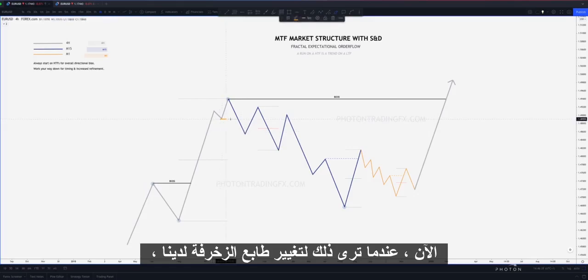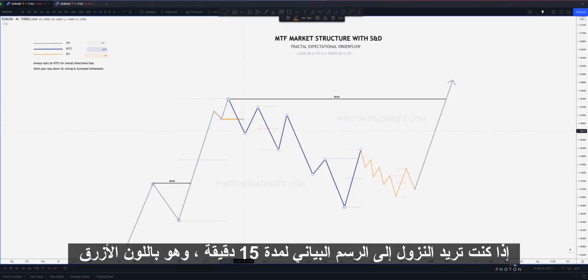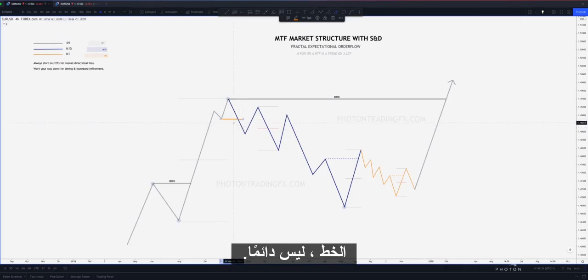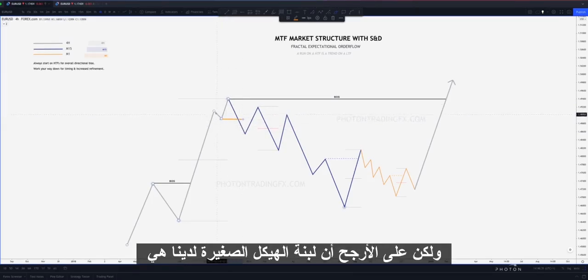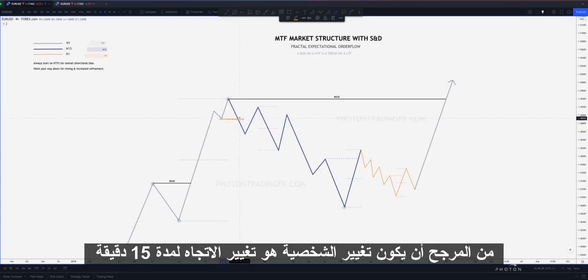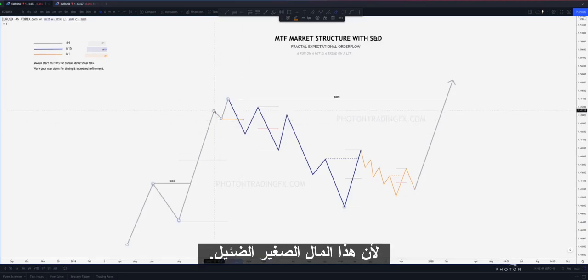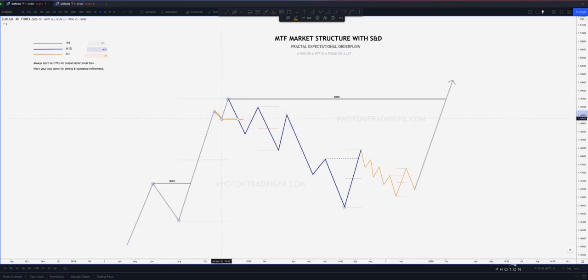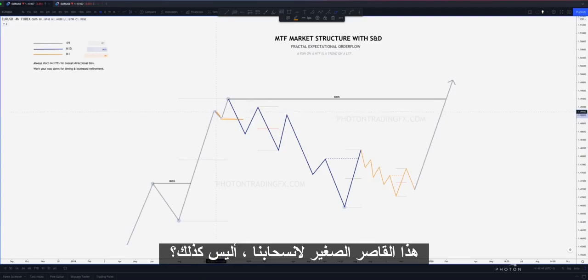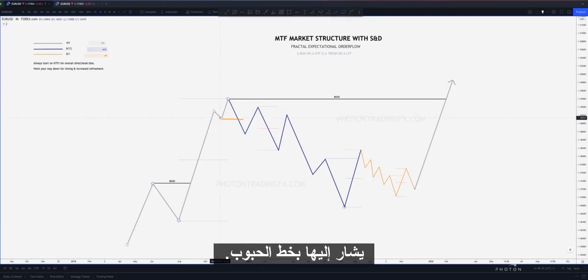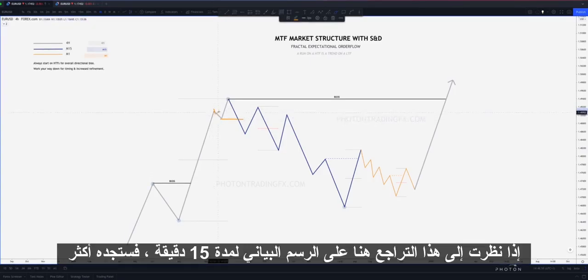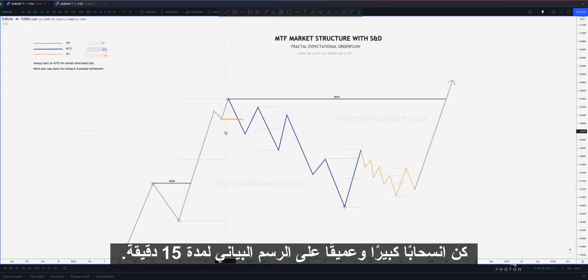Now, when you see that 4-hour change of character, if you were to drop down to the 15-minute chart, which is this blue line, not always, but most likely, that 4-hour minor break of structure, that 4-hour change of character, will most likely be a 15-minute change of trend. Because this tiny minor 4-hour pullback, denoted by the grey line, if you look at this pullback here on the 15-minute chart, it will most likely be a big deep pullback on the 15-minute chart.